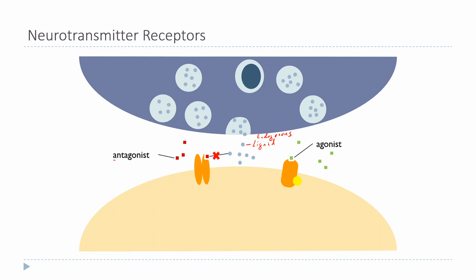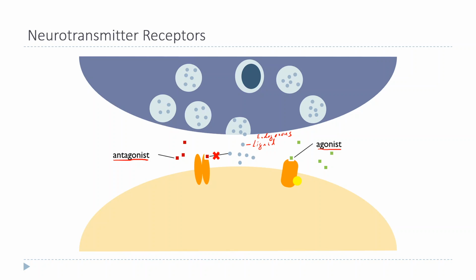If it does that, we call it an antagonist. An antagonist is some molecule that comes in and stops, in this case, a neurotransmitter from binding to its receptor or prevents the receptor from functioning. But you can also have exogenous molecules that come in and bind to a receptor and actually mimic the effect of the endogenous ligand or the neurotransmitter, in which case we call that kind of molecule an agonist. Again, an antagonist prevents a protein or a receptor from doing its job.